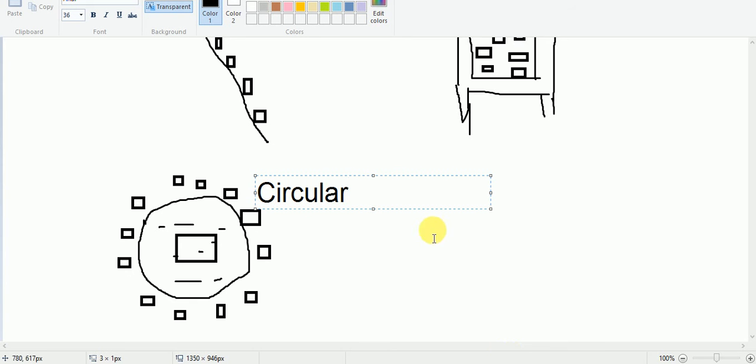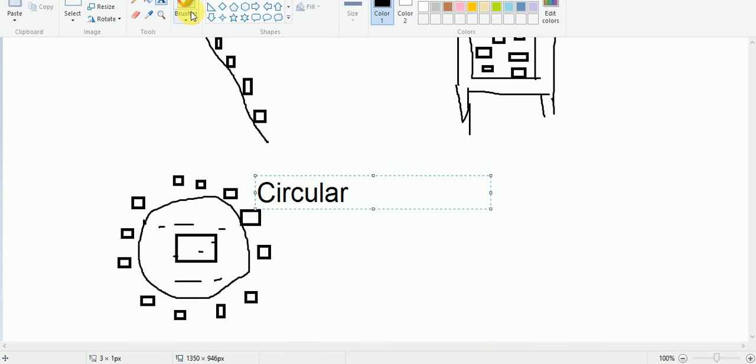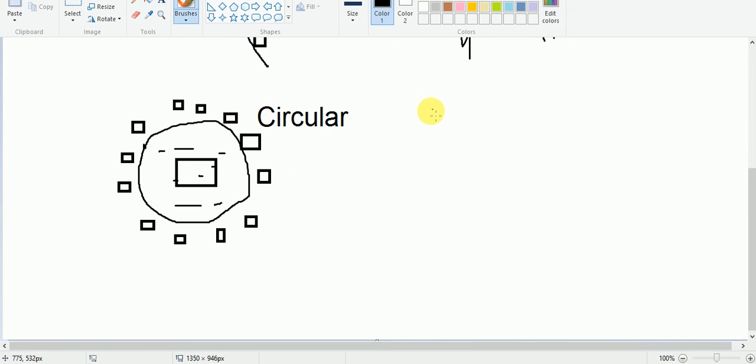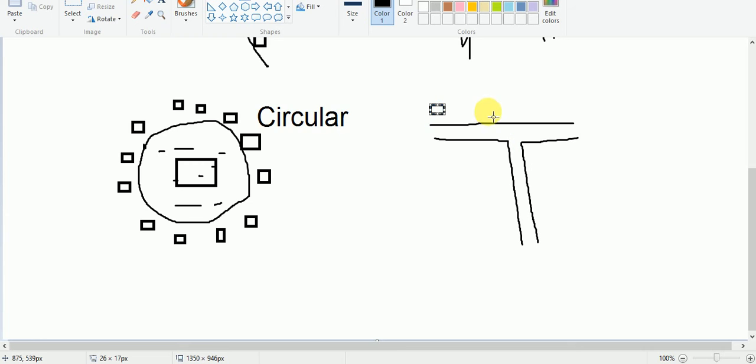Very simple. See here, in case of this T-shape, suppose this is a highway, and from the highway there may be a village road, maybe connecting to a village. These houses are built along this highway as well as along this village road also, thus taking the shape of a T.